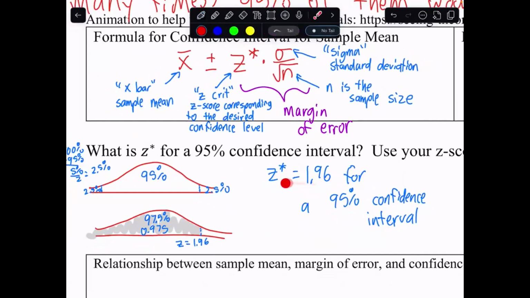This is a number that you will need to have memorized. You're going to use it in tons of practice problems, so you'll probably begin to remember it without specifically trying. But you're not going to be given this number, so you need to know it. Just so you're aware, some other places just round this to 2. They use z-crit as 2, but we will be using the more precise 1.96.